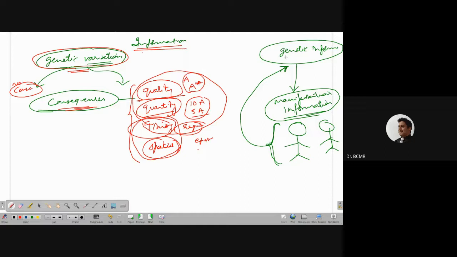That's why when we try to study genetic information at the lab for medical purposes, we need to look into all the details. And apart from that, the person is not just the genetic information. It is also about epigenetics.